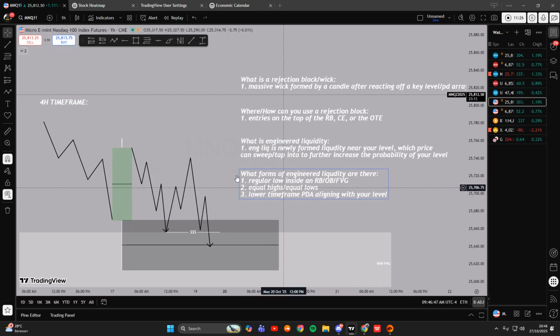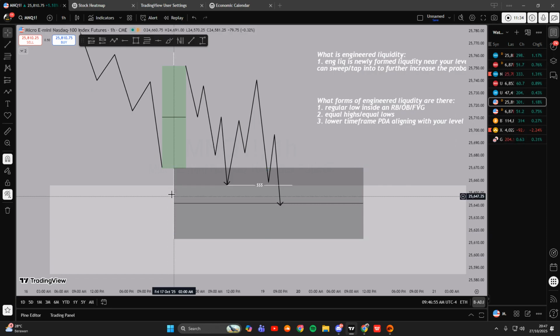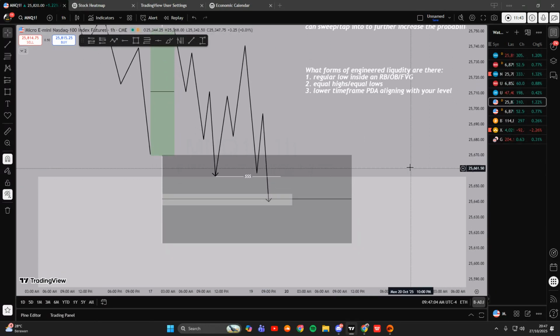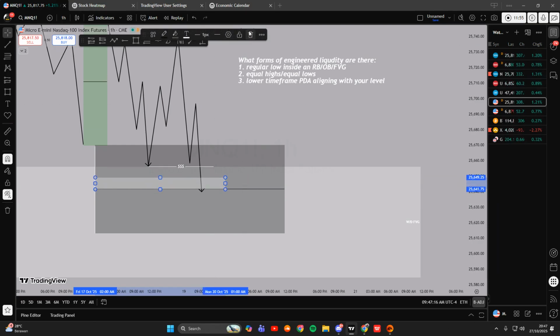What I mean by this is, let's say on here for this 4 hour wick, you scale down to the 5 minute. You see an inverse fair value gap, BPR, any PD arrays you can find. If the top of that PD array lines up with the CE, or the CE lines up with the CE, or the bottom lines up with the CE.